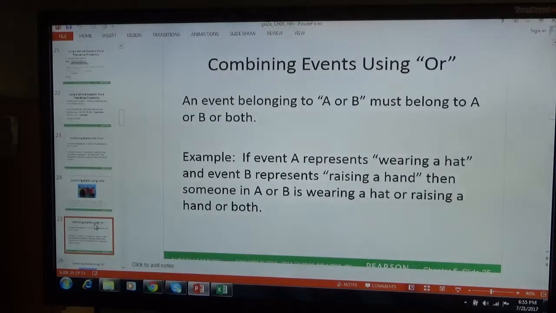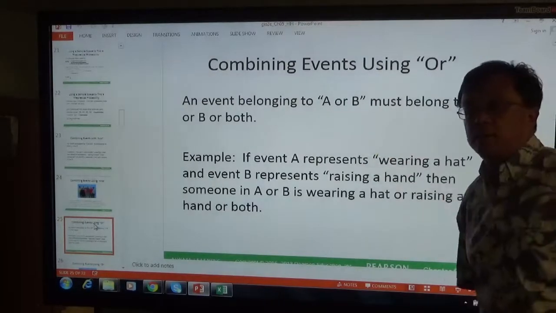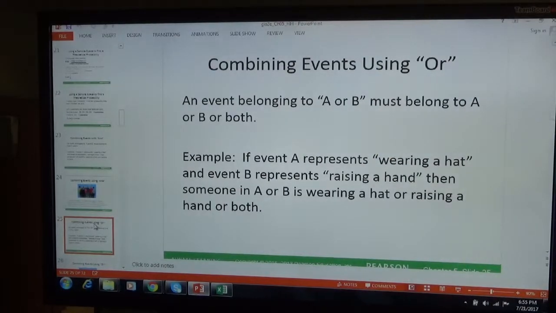And sometimes we're interested in the probability of A or B. Now, how do we understand the probability of A or B? It is either A or B or both.